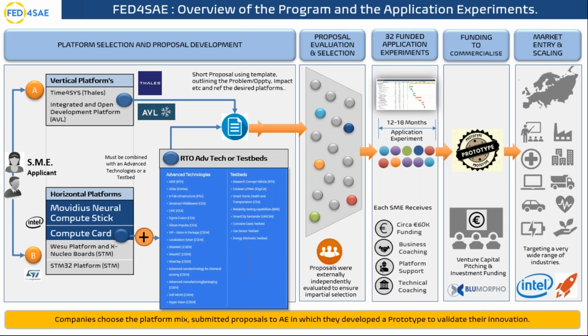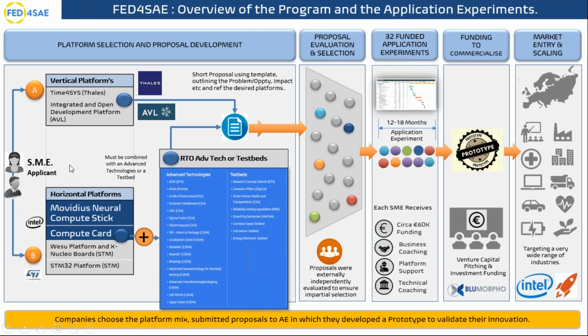Hi, folks. So this is just an overview of the FED4SAE program, just to explain this term, application experiments. What is that term, and what are these? So in the framework, SMEs, you can see the life cycle of the program. SMEs on the left-hand side had to choose either a vertical platform or a horizontal platform.